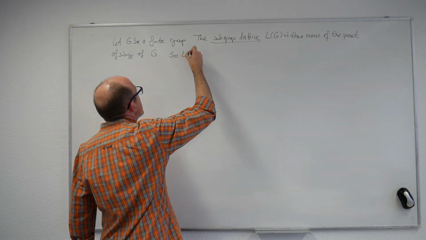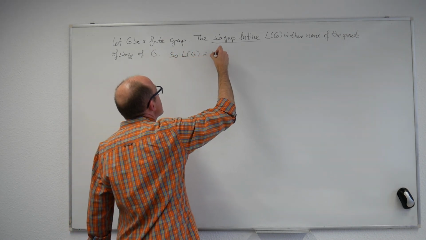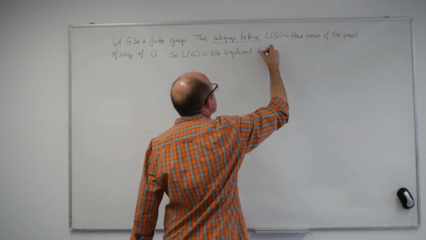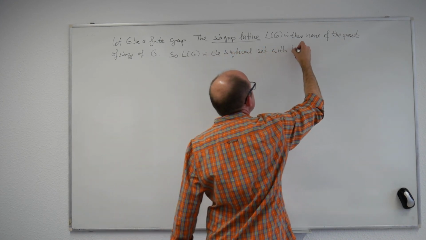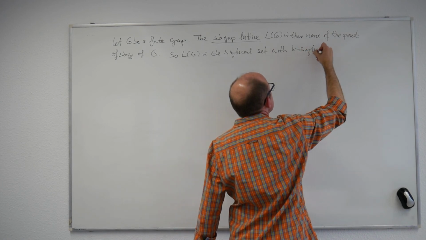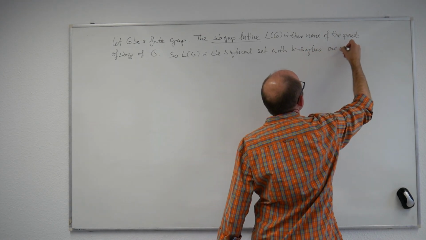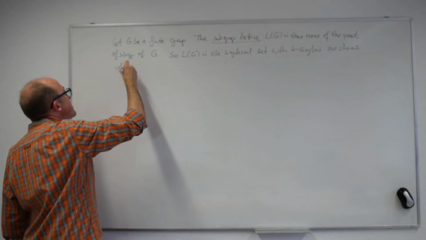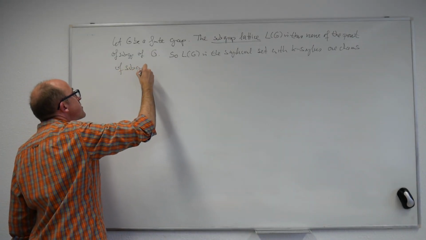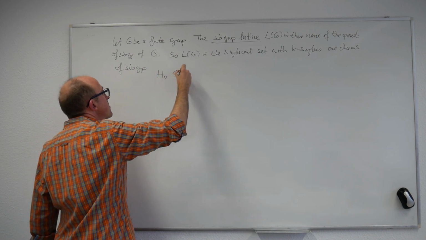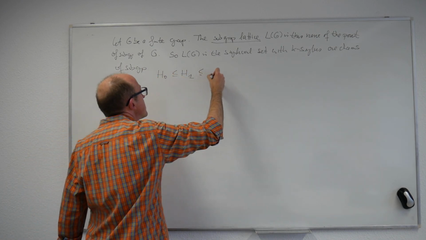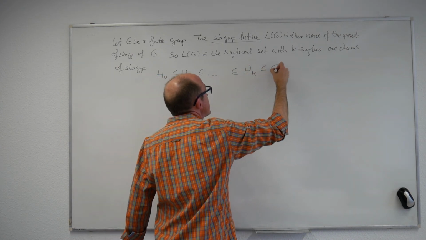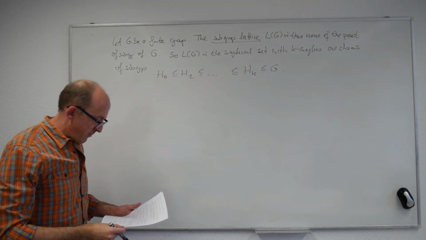So L of G is the simplicial set whose k simplices are chains of subgroups H0 contained in H1, and then there's k plus one of them, so Hk is contained in G.